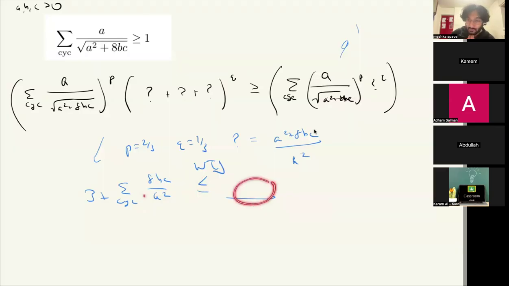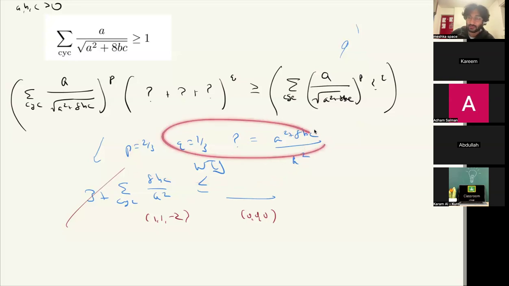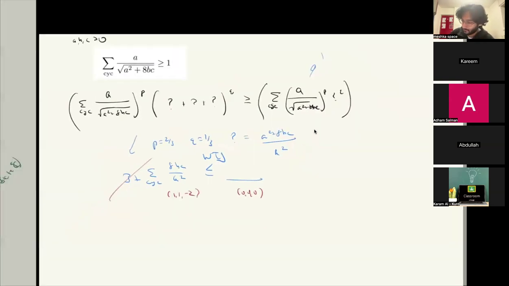This is 1, 1, minus 2. This is 0, 0, 0. You'll cancel this guy, you'll get 1, 1, minus 2 and here we get 0, 0, 0. So it's the wrong direction. So the point is, if you do this, it's just too weak. This Holder is just too weak. You have to do something better.